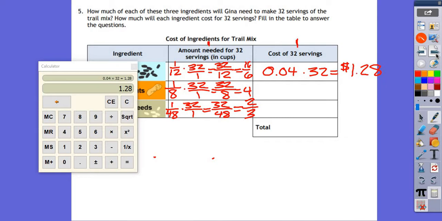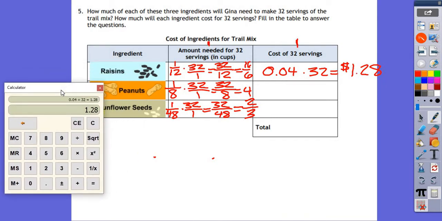Back with us now? Okay, how much does it cost for peanuts for one serving size? 5 cents. And how many servings do I need? 32. And what does that give me? $1.60.